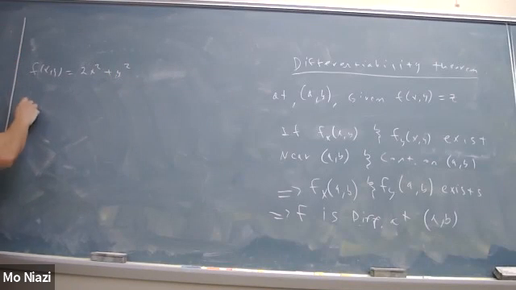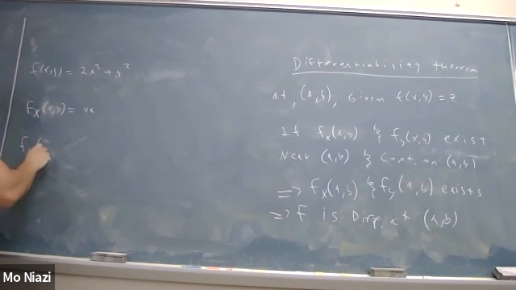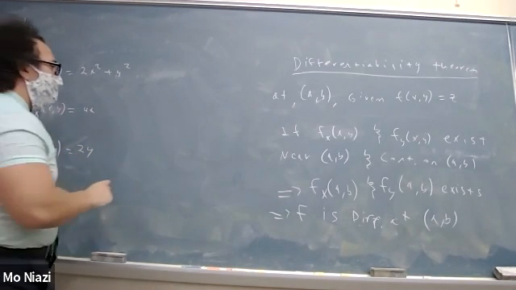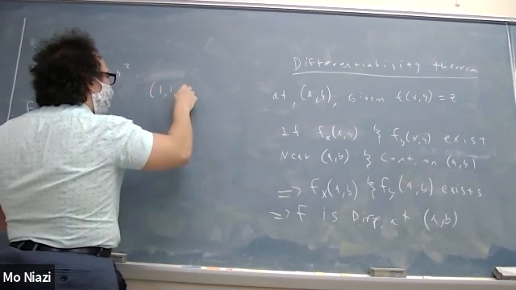Recall we found the partial derivatives. Okay, so is this differentiable at 1, 1, 3?